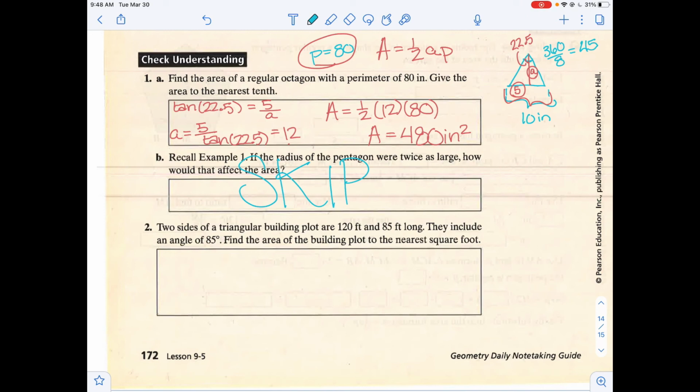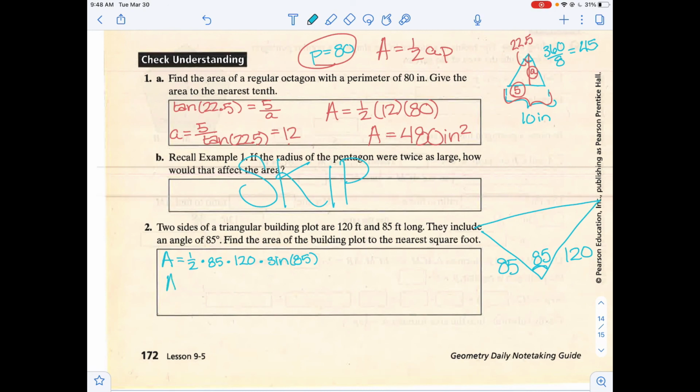Two sides of a triangular building plot are 120 and 85 feet. So let's just draw a triangle, 120 and 85 feet. And the included angle is 85 degrees. Find the area of the building plot. So we know the area of this is 1/2 times this side length, so 85, times 120, times the sine of our included angle, which is 85.